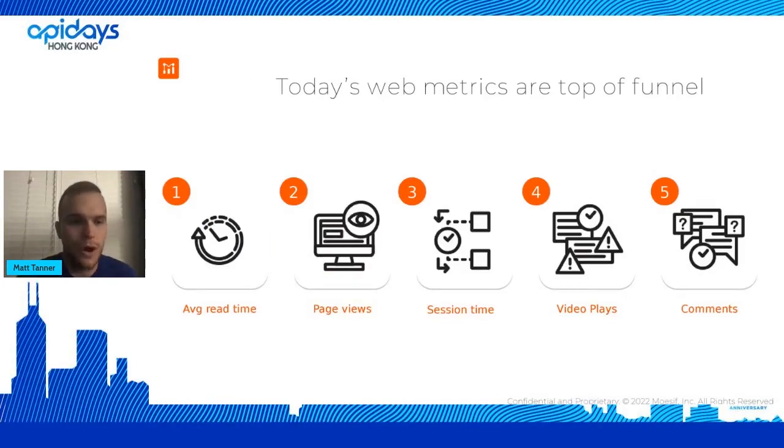All right. So when we look at APIs and we look at products in general, we really are looking at kind of the same stuff. When we think about metrics, we usually think about web metrics, and those are really top of funnel. So we're looking at stuff like average read time, pages viewed, session time, video plays, comments.